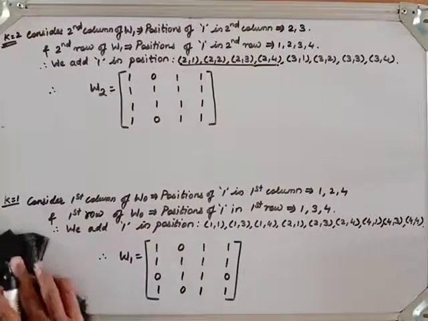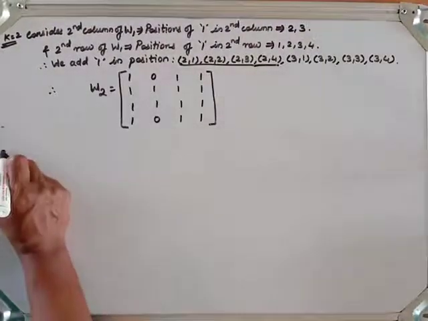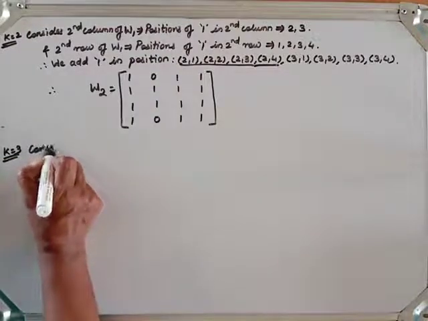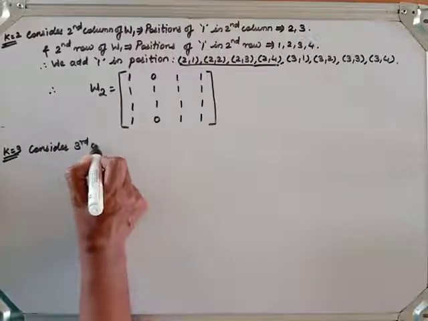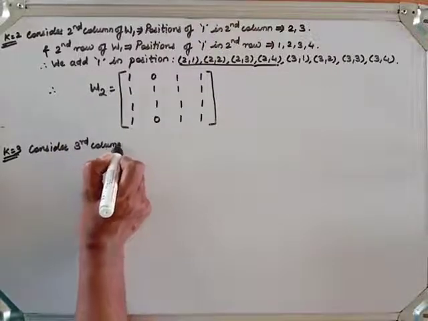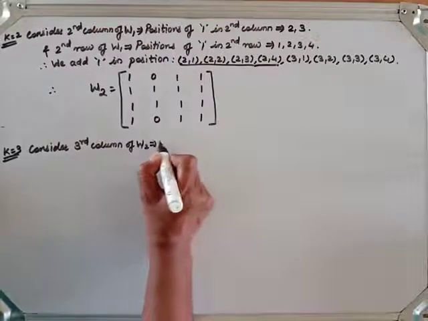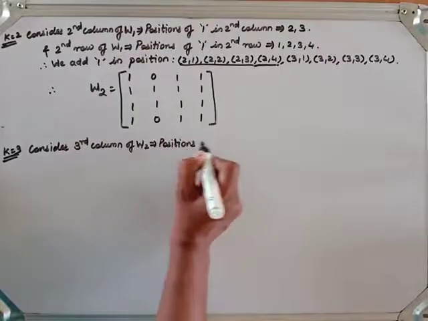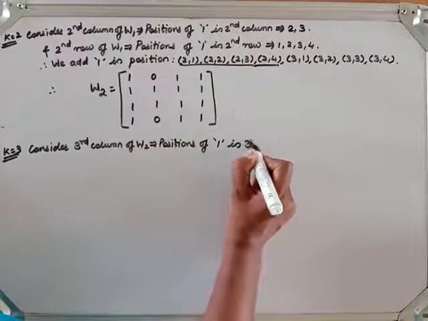Now k is equal to 3. Consider third column of W2. What are the positions of 1? Positions of 1 in third column.